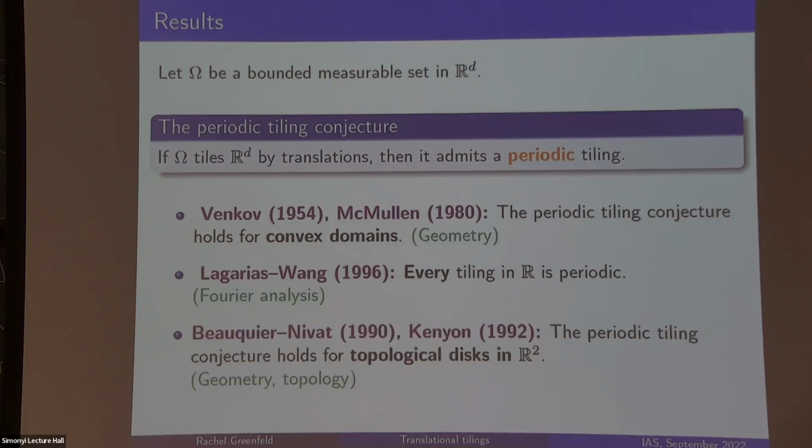Bouquet, Nevat, and later Kenyon proved the conjecture for topological disks in the plane using geometry and topology tools. And this is more or less it. So we don't know much about this conjecture in Euclidean space.